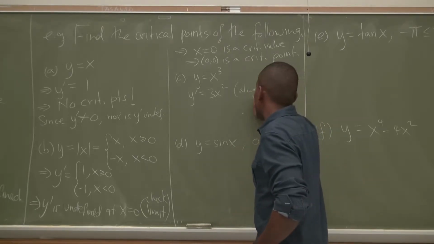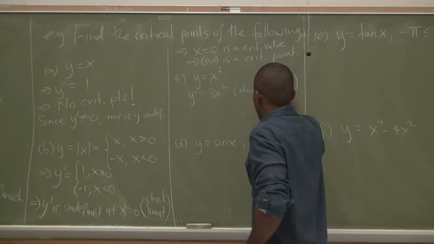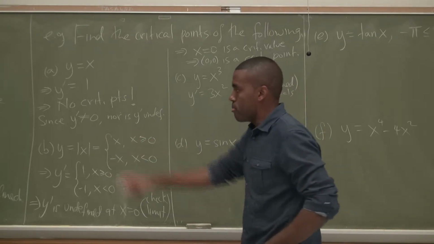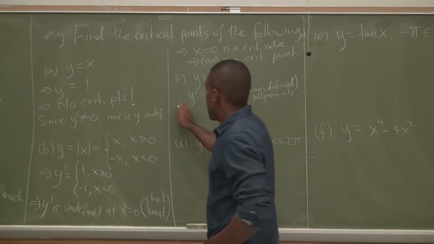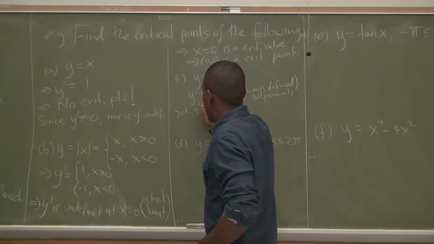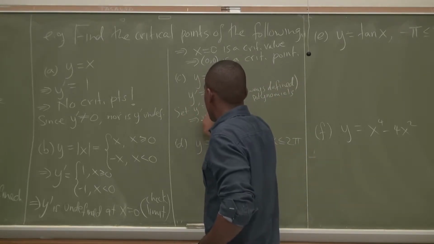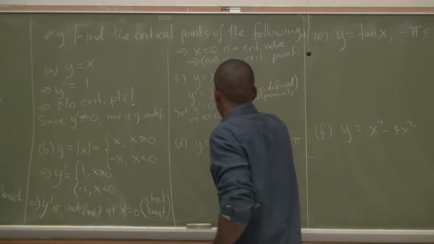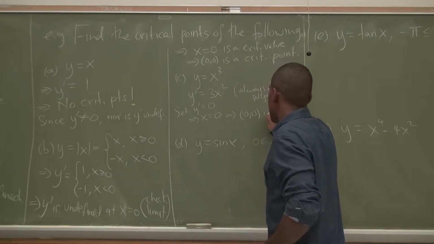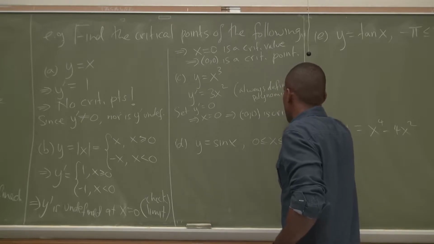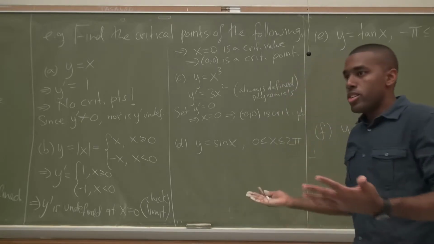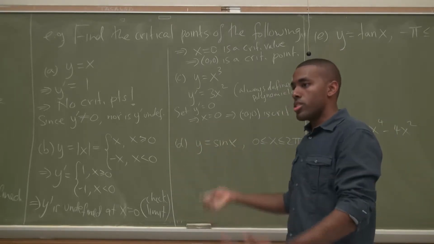Because it's a polynomial, so it's never going to be undefined. However, if we set y prime equals 0, this means that x equals 0, which means that, again, (0, 0) is a critical point. So you just find the derivative and you check both of these. Is it 0 or is it undefined?